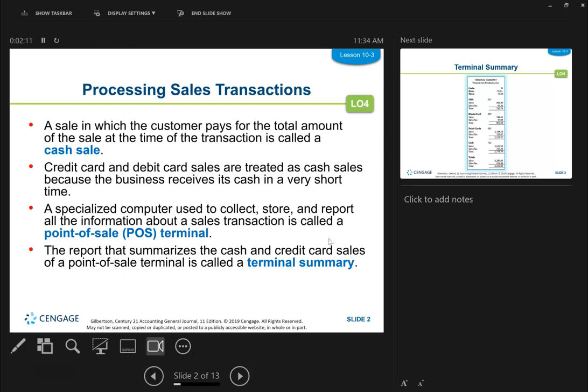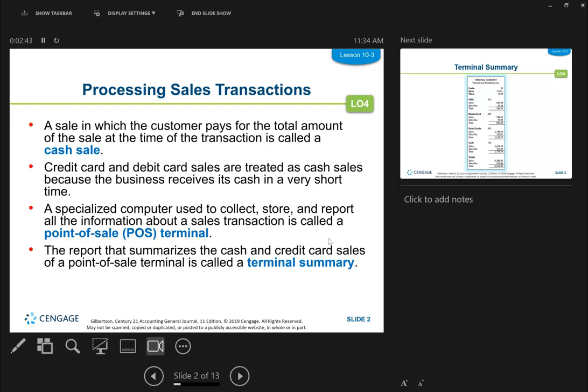A specialized computer used to collect, store, and report all the information about a sales transaction is called a point of sale terminal. Basically like a cash register, right? Like a modern cash register where you type in what you sold and then it totals it up and you pay with cash or credit or whatever.